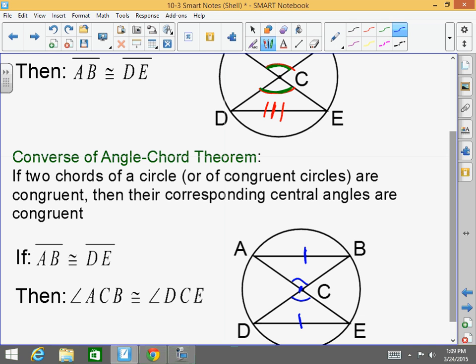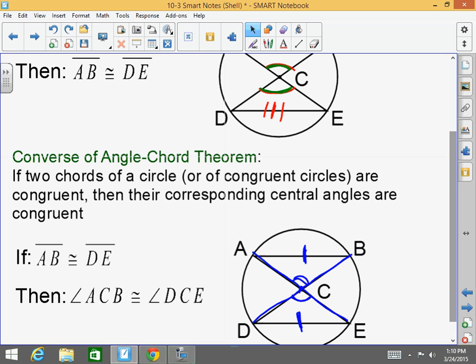With auxiliary lines, you can prove that CE is congruent to CD, which is also congruent to AC, which is also congruent to BC. And then now you can use the converse of angle-chord theorem. Since this chord is congruent to that chord, the central angles would be congruent, sir.